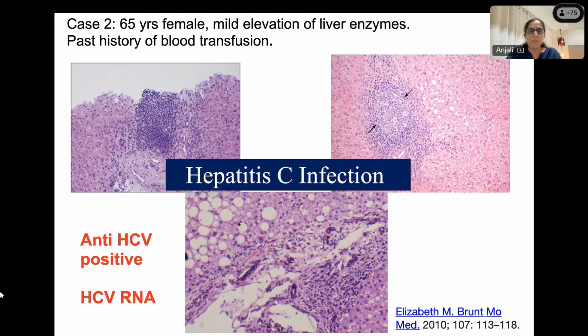But again, for hepatitis C, we have excellent serological diagnostic methods. Like hepatitis B, C also has excellent serological methods such as anti-HCV positivity and HCV RNA. So whenever you have a request for liver biopsy, it always comes with anti-HCV positivity.